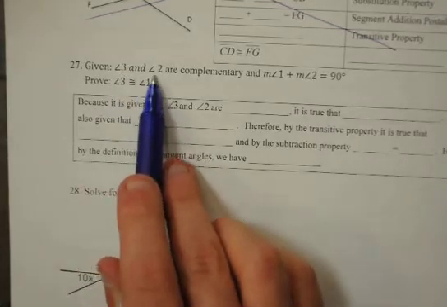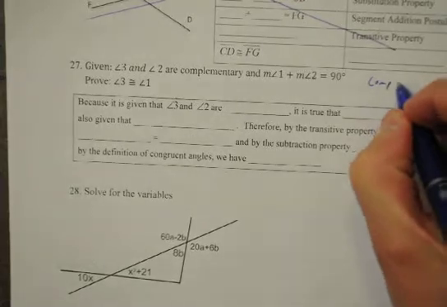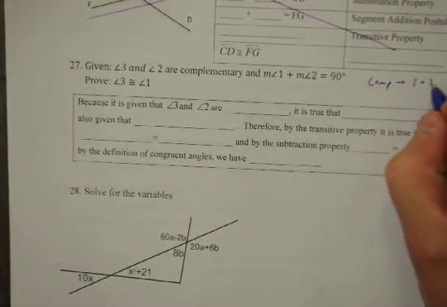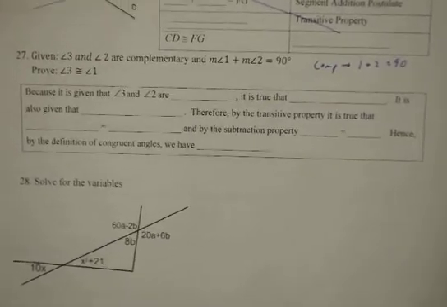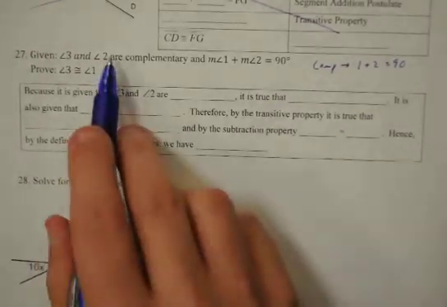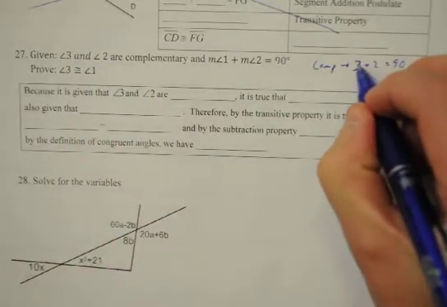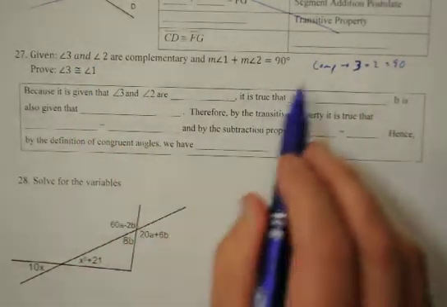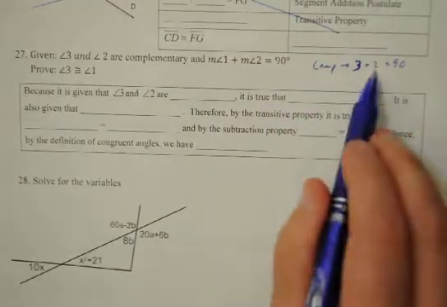So it says angle 2 and 3 are complementary. Now complementary implies 3 and 2 add up to 90. That's what complementary means. So that's what I'm going to start my proof with. I'm going to write this as a sentence.